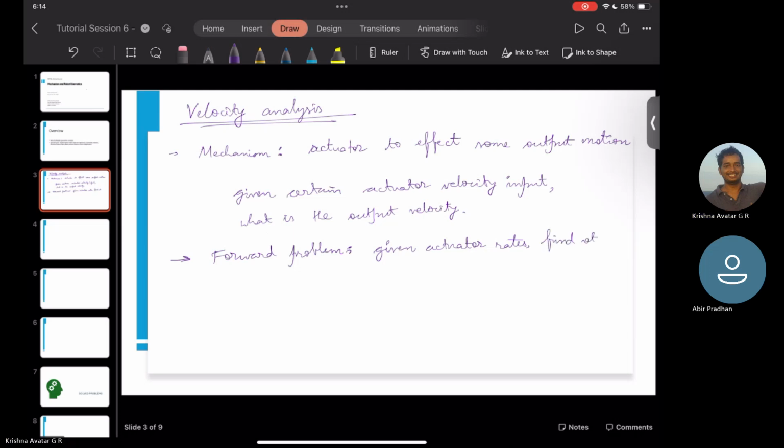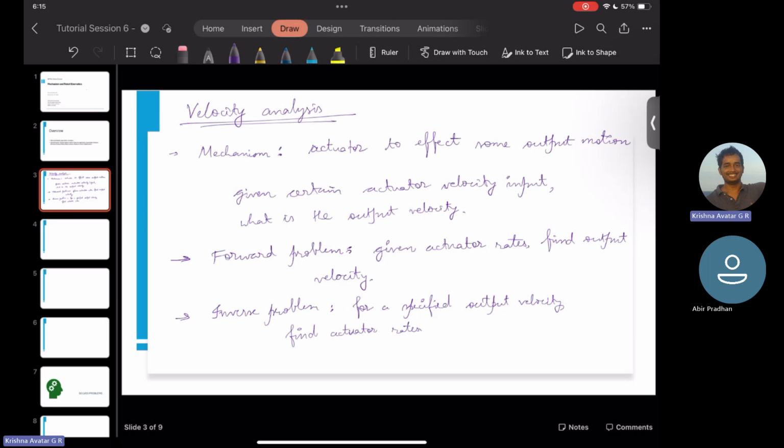The inverse is, of course, as the name suggests: for a specified output velocity, find the actuator rates.